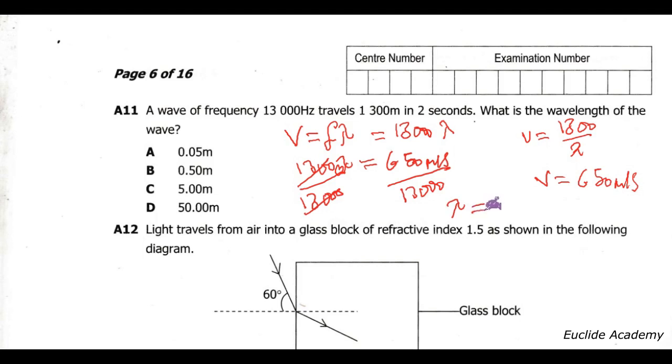So we have the wavelength is equal to 650 divided by 13,000. That will give you 0.05. Now the wavelength is a length, and we're talking about meters here. So it's 0.05 meters, and that should be A.